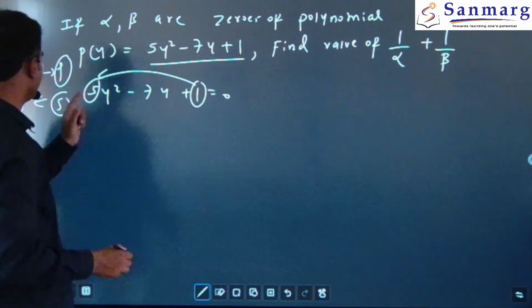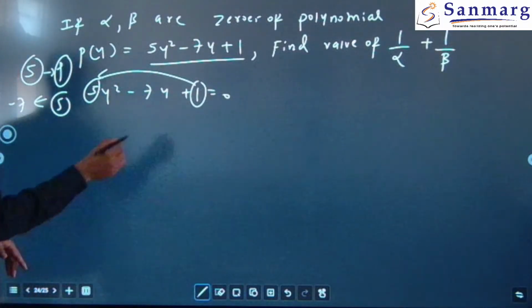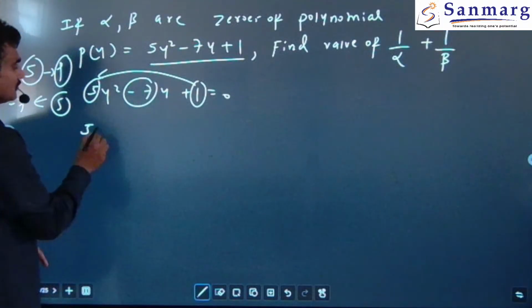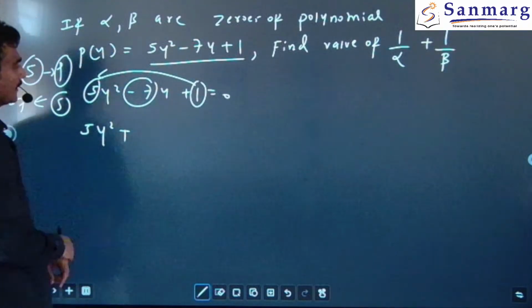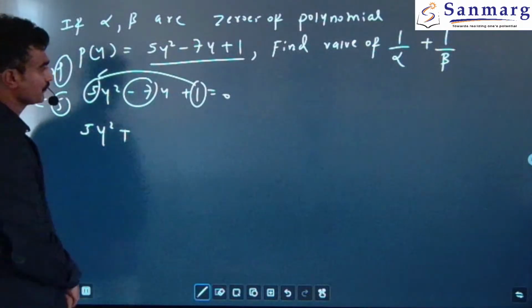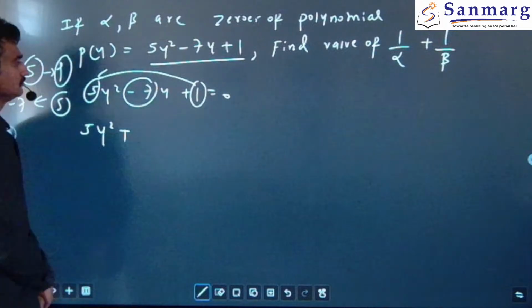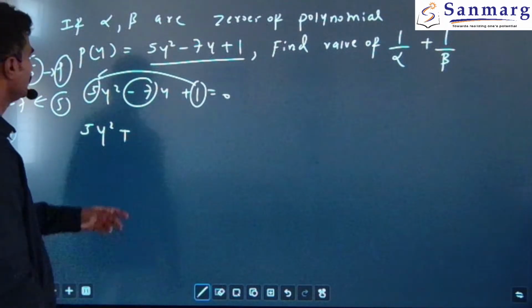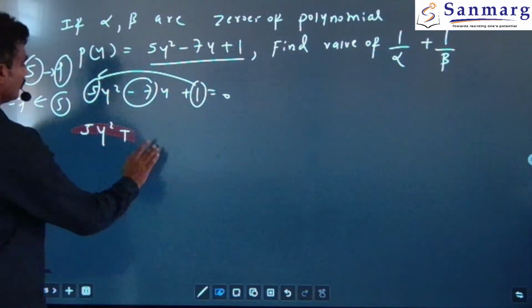Which are the two numbers? So there are no two numbers. We are not getting those two numbers.